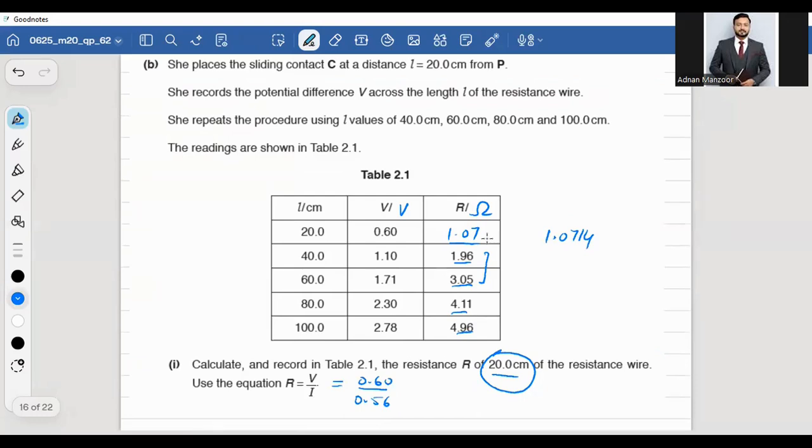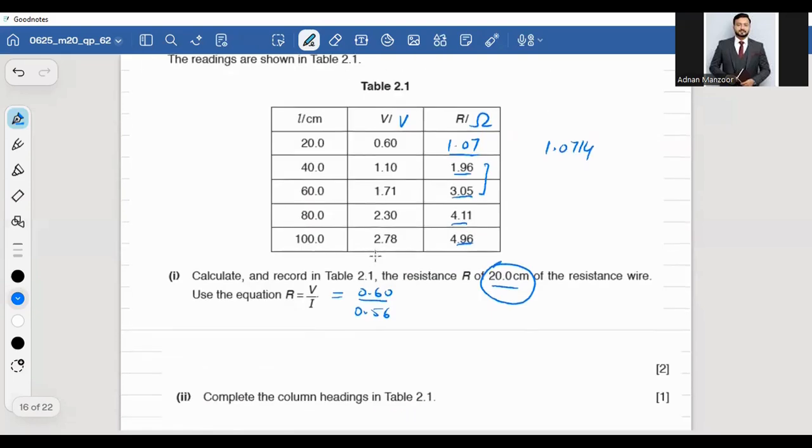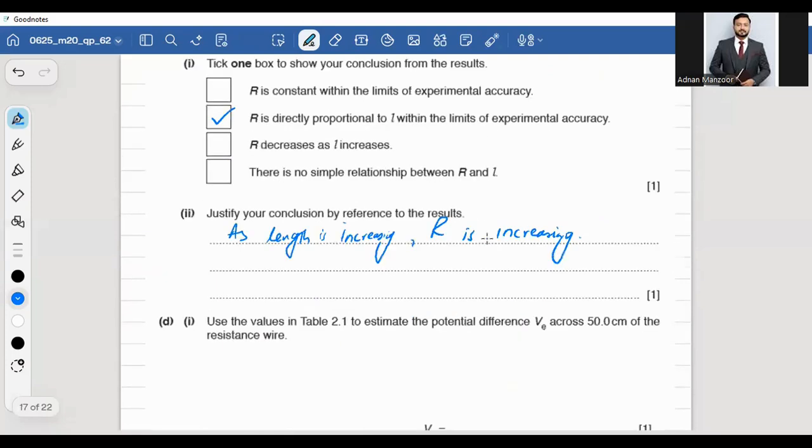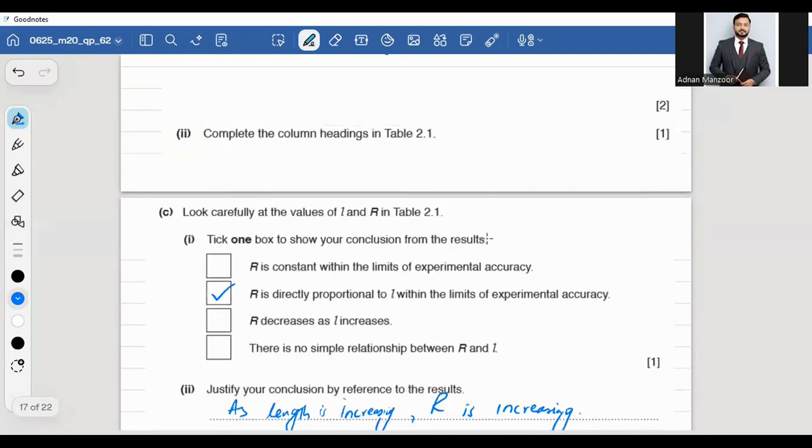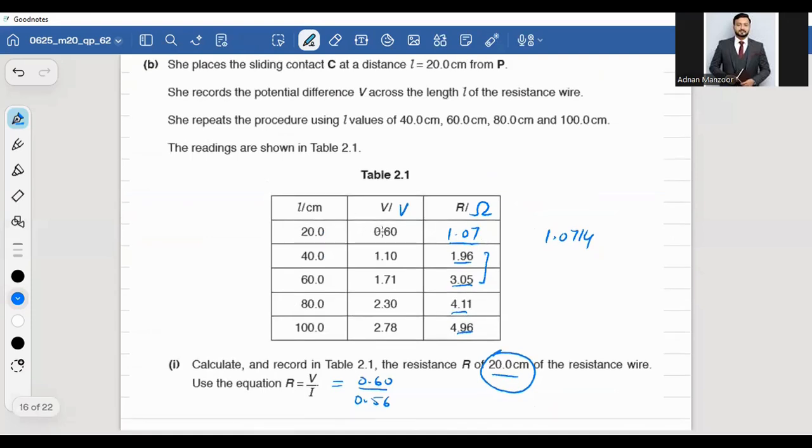For example, first of all, you have to take the difference between 3.05 and 1.96. Sorry, let's see again. It says estimate the potential difference, not the resistance. Okay, so it should be in between here, 1.71 and 1.10.